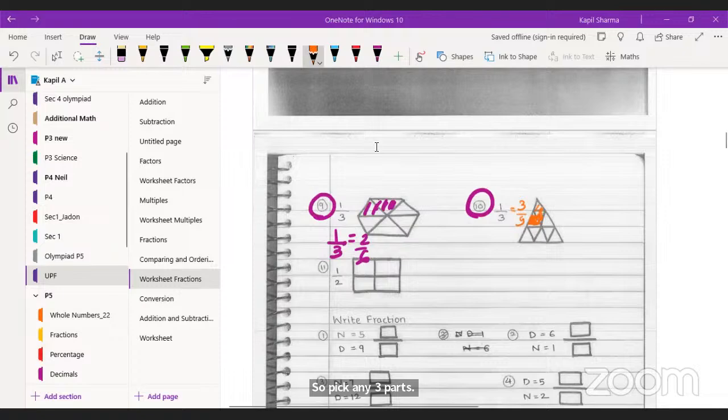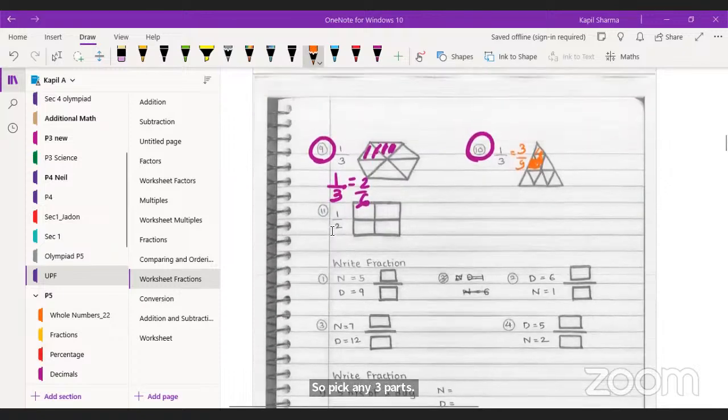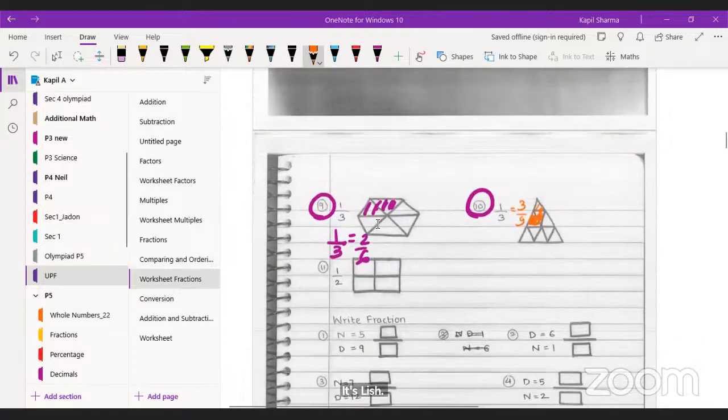Mitlesh. Okay, part. Mitlesh, can you answer this one? Mitlesh, Swastik. 11th one.